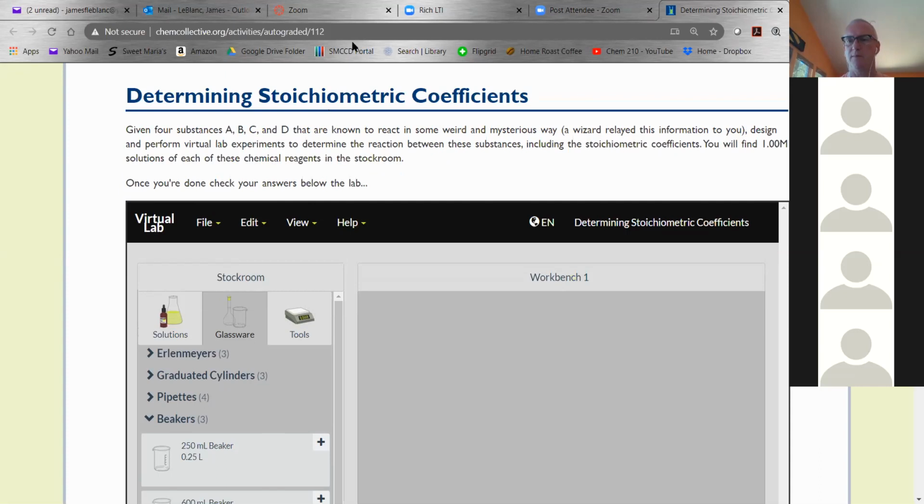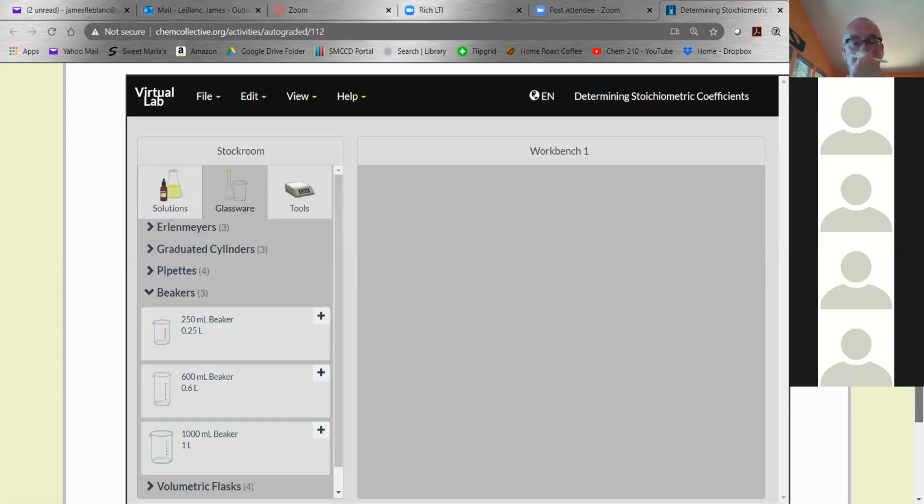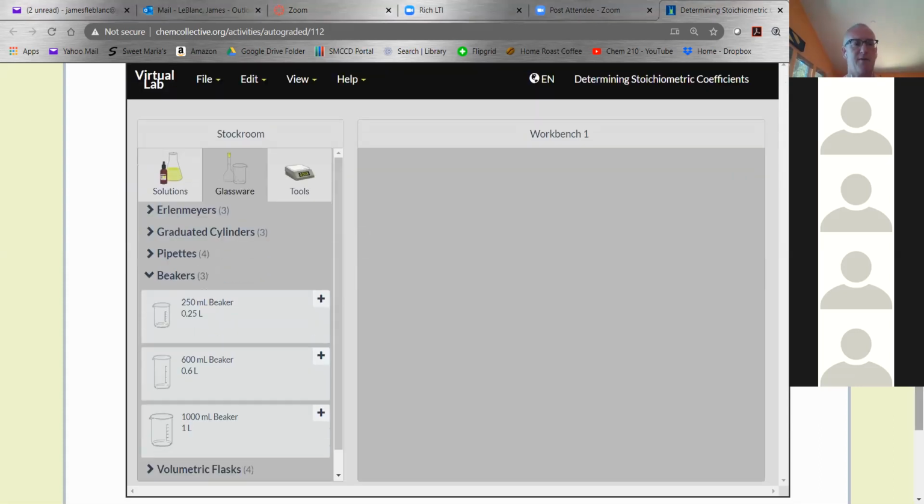Good. Let me move this over here. All right, and annotate. All right, so here's my page. So here's the page we would look at. If you remember the last experiment we did with this, we had this sort of virtual workbench that we worked on.